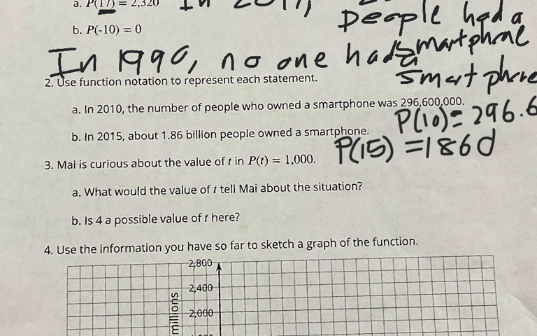The number of smartphones. What year 1 billion people on the smartphone? That's it. 1 billion people, because we're at 1,000 million. And she's looking for T, the year. So she's asking how many years after 2000 did we have 1 billion people owning a smartphone?